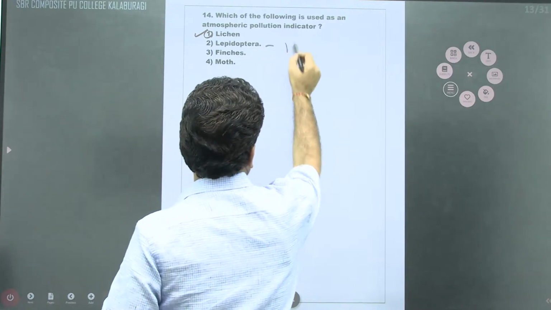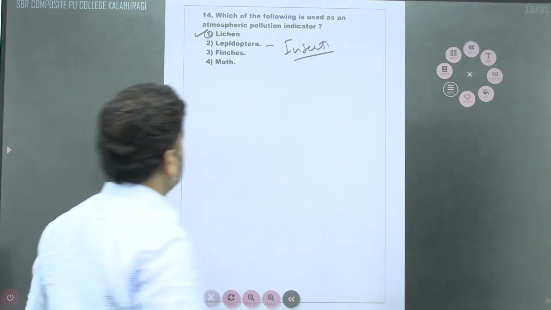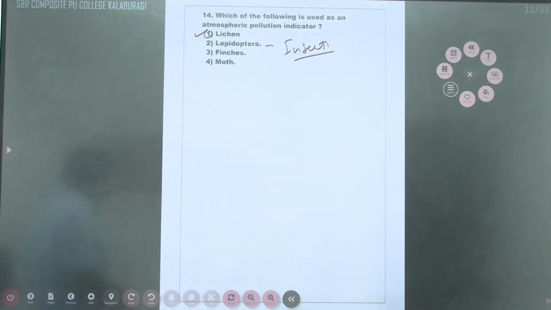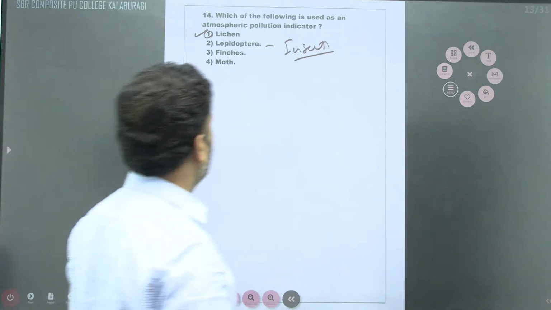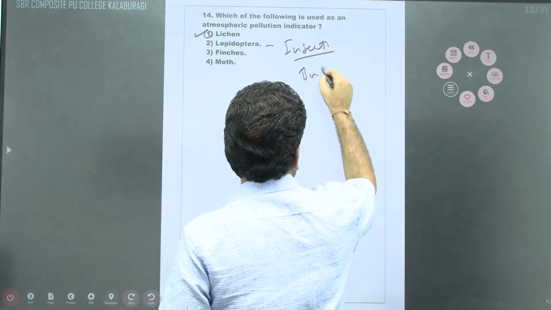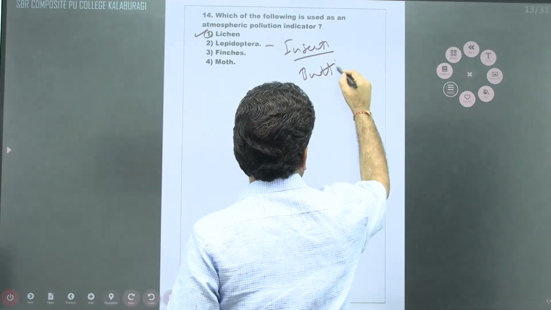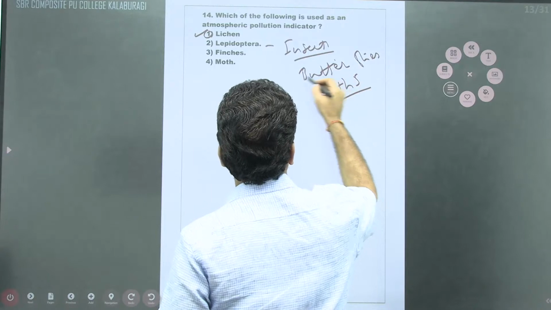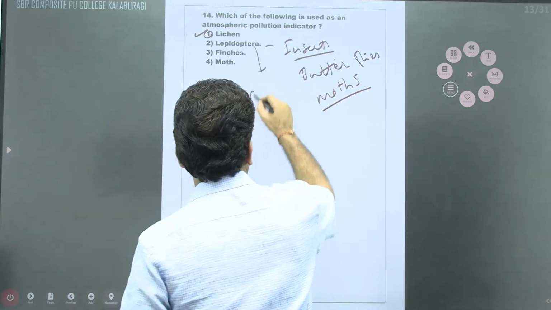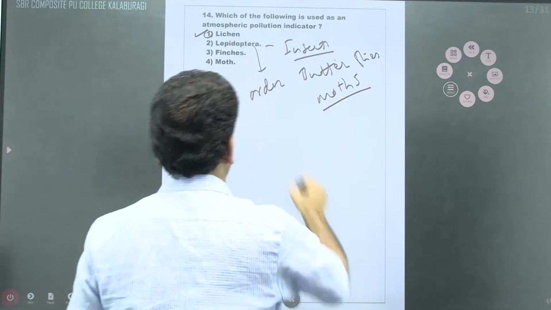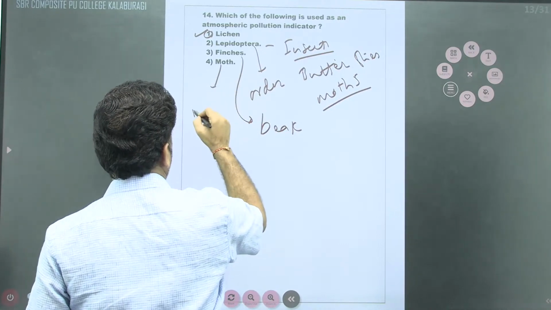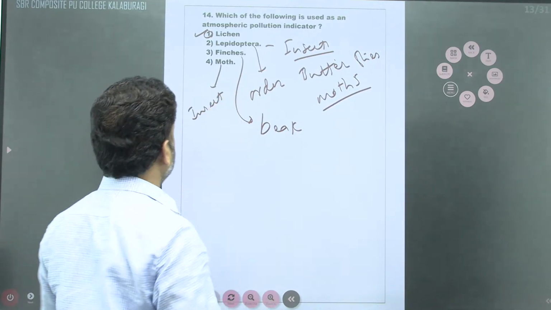Lepidoptera is an order of insects that includes butterflies, moths, etc. The finches are known for their beak. The moth is one of the insect species. So that's why the option is the first one.